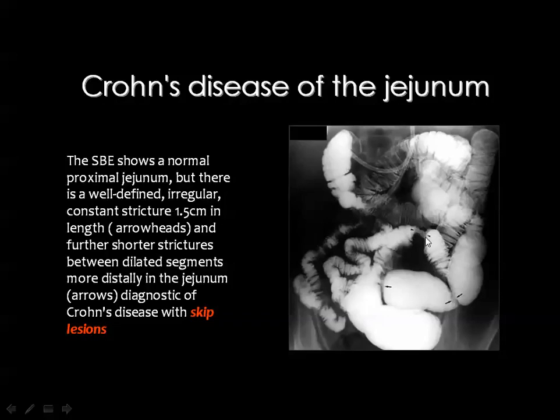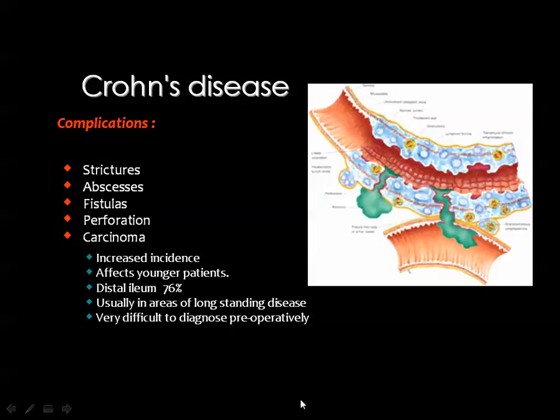You should remember that in order to say that this is a stricture, it should be persistent in more than one film and more than one projection. And this is a stricture, and this is also a stricture, and this is the third one. And in between these stricture segments, you can see normal bowel loops. Skip lesions are one of the pathognomonic features of Crohn's disease.